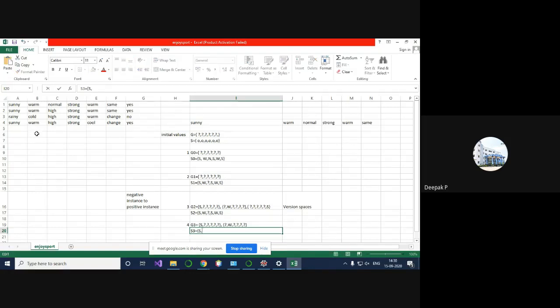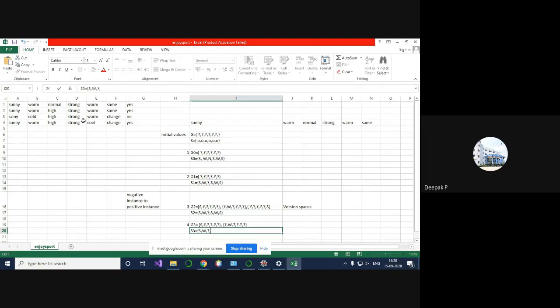Next, I'm having warm in the earlier specific instance, so no need to change. Next, I'm having high, whereas I'm already having generalized hypothesis in the specific Find-S algorithm. So do we want to retain this question mark or the value? I need to make it a generalized one. So this value also becomes question mark.